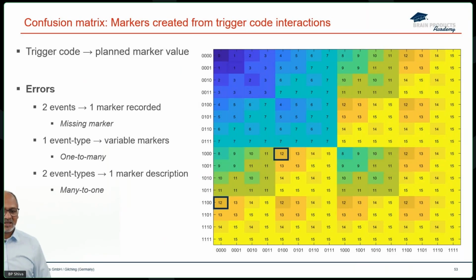And similarly, many different event types can produce the same marker description. So from the marker, you cannot work back and figure out what event produced it, because there is a lot of ambiguity here. Now this looks bad, and it is a severe problem, especially if you have not accounted for potential interactions like this.